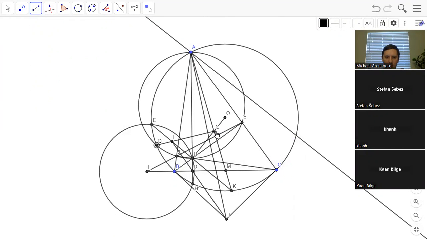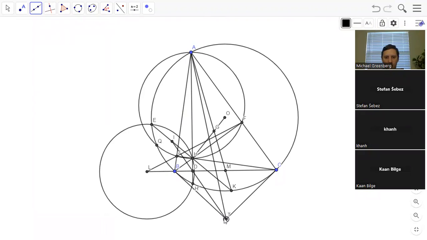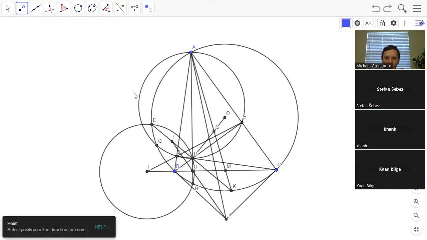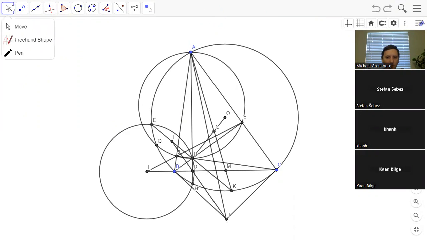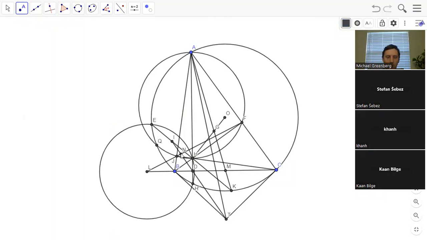There's a fun fact that if you label the intersection of TI and FL, you don't have to draw it because it's already there, that point right there, it lies on HM.